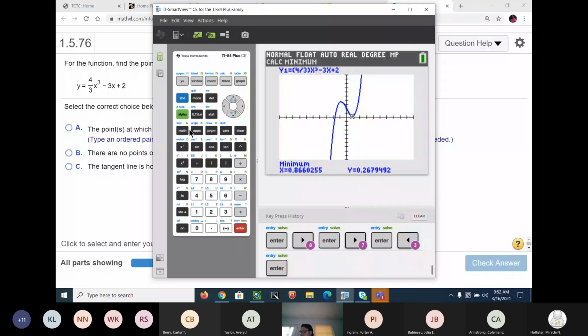Okay, 0.866, and y is equal to 0.2679492.